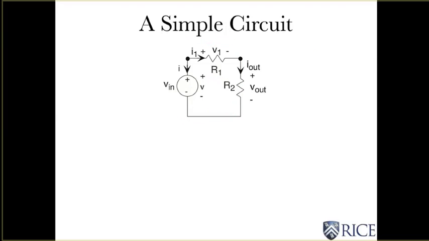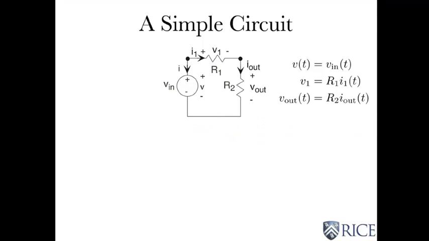Now, I would point out that we have three circuit elements, and we have a voltage and current for each element, which means we have 6 unknowns. And in order to find 6 unknowns, we're going to need 6 equations. All we have right now are the VI relations.